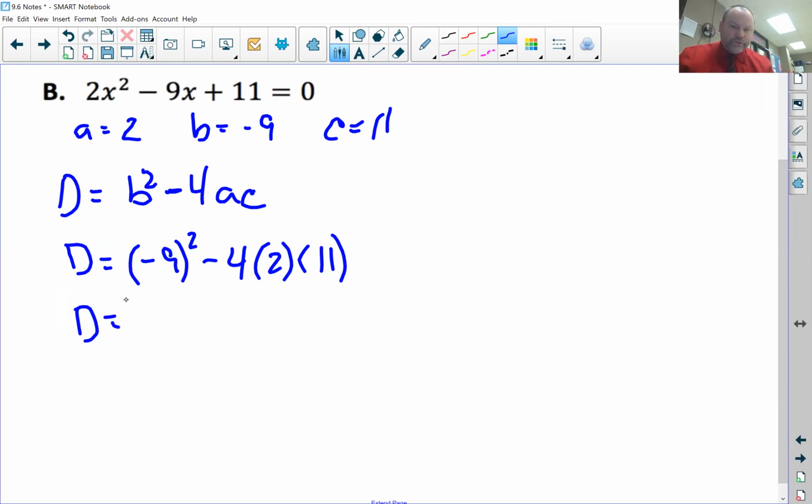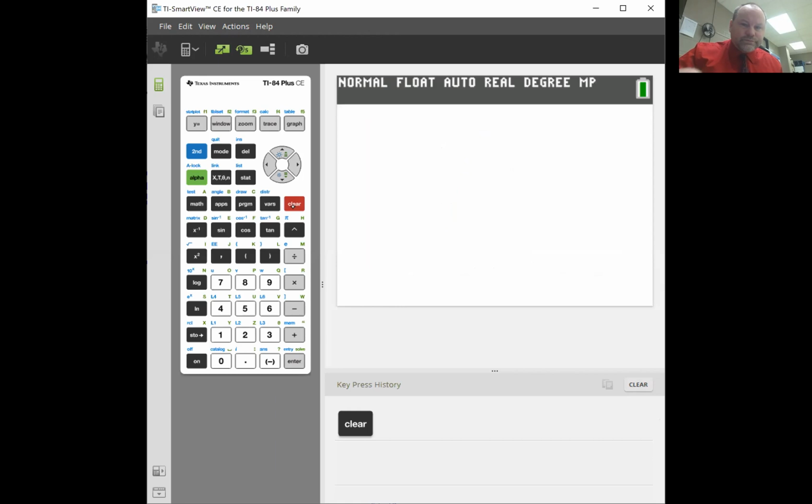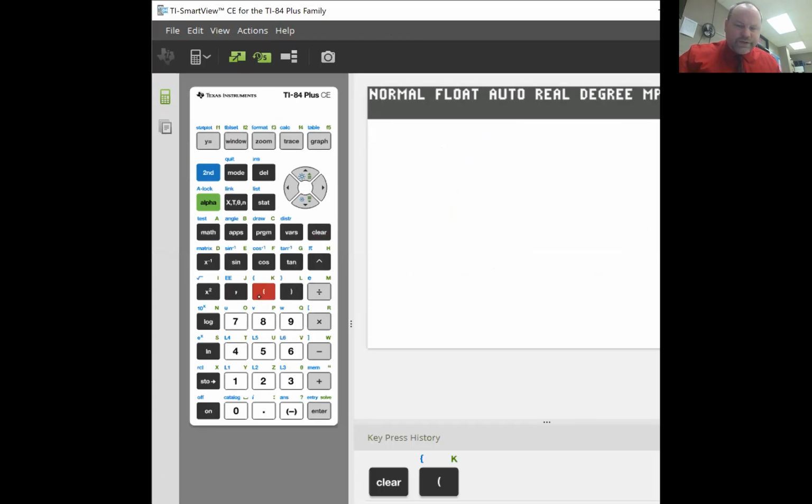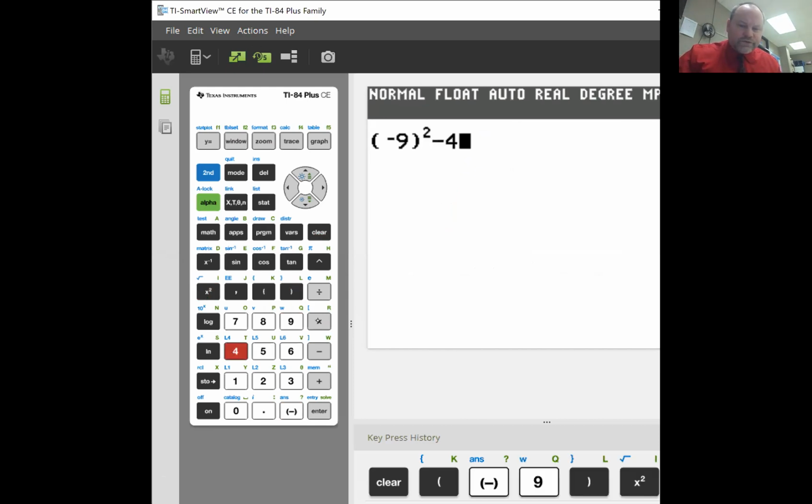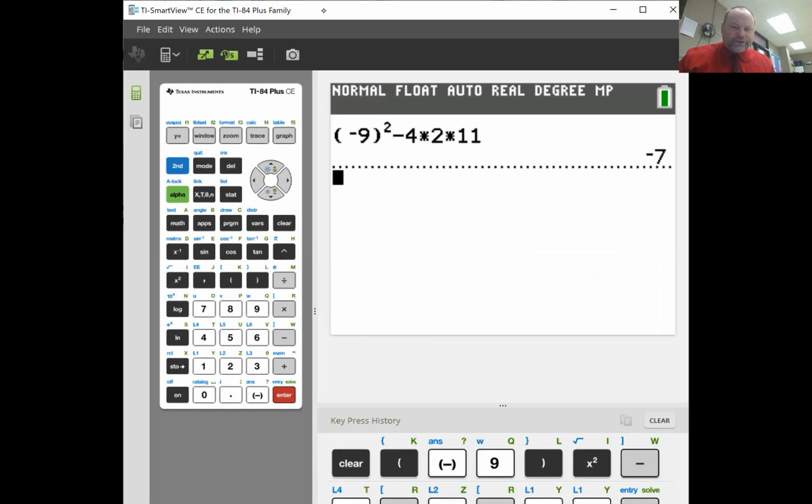And again, you could use your calculator. So in this case, we have (-9) squared minus 4 times 2 times 11. And our calculator does order of operations. So this says we get -7.